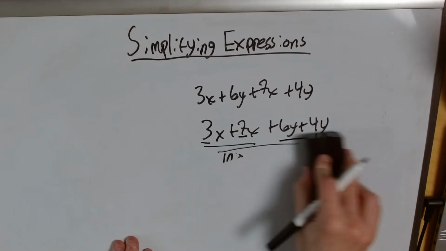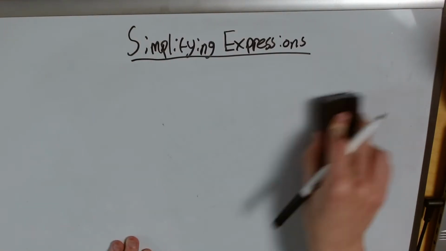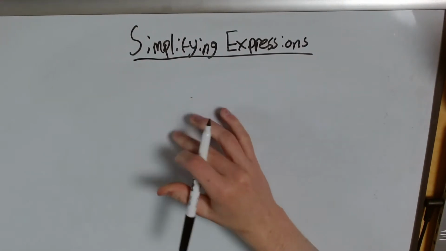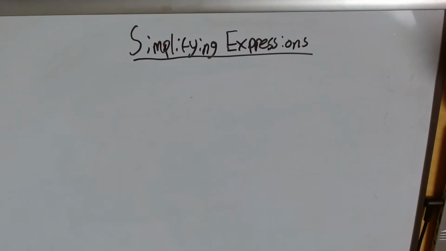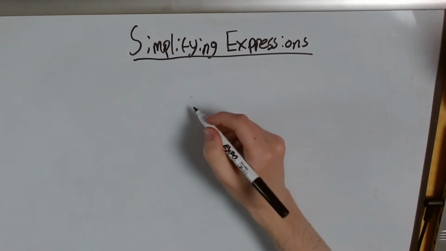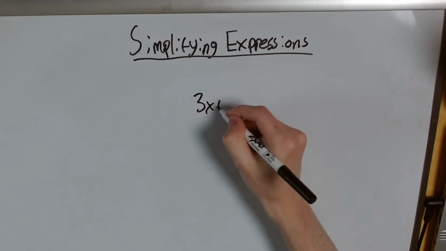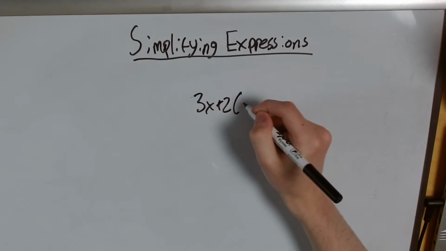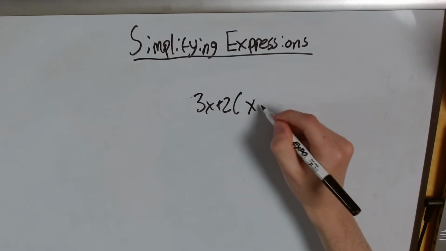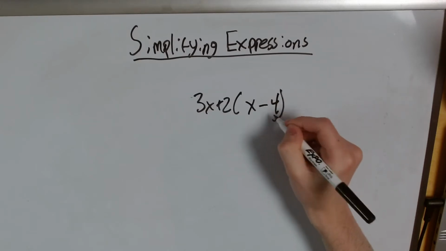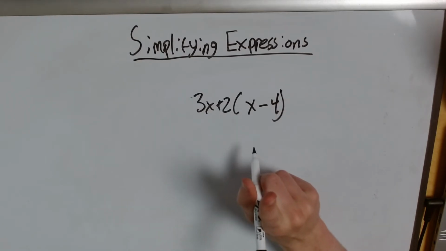Now, let's use some distributive property, right? Say I have something like this: 3x plus 2, multiplied, in parentheses, by x minus 4. Now, this is going to be a tricky one.